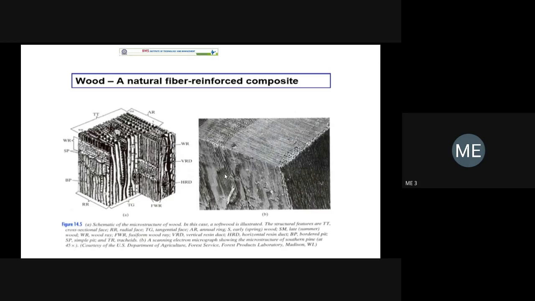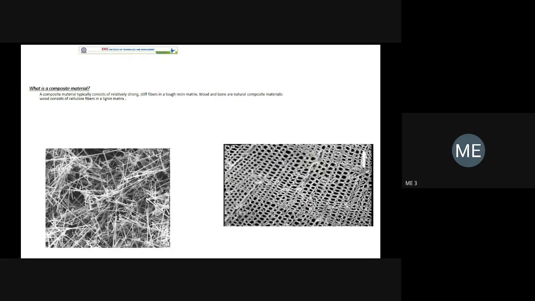You might have observed even the coconut shell has fiber, which is considered the reinforcement material, and there is a thin lignin, a biological term, other than fiber, that comes under matrix material. Wood is the best example of a naturally available composite material.